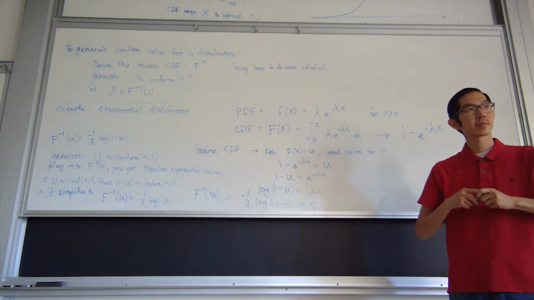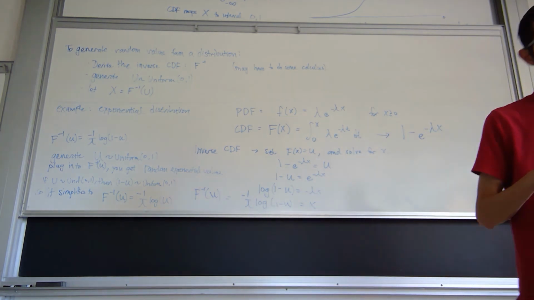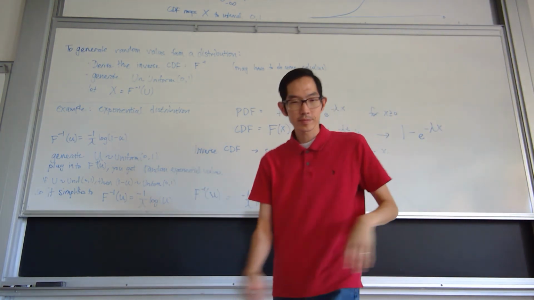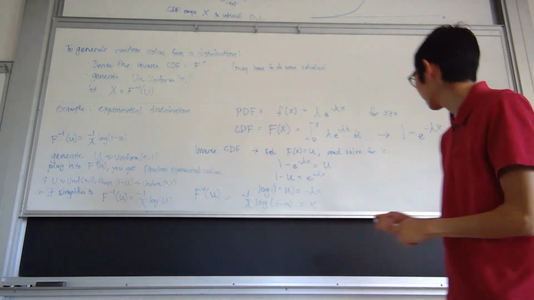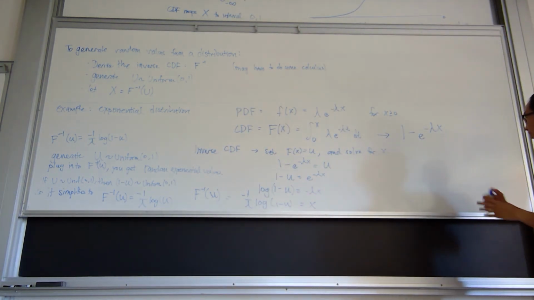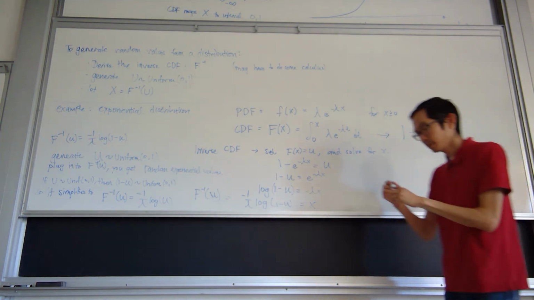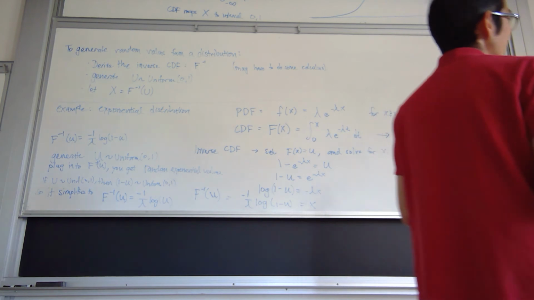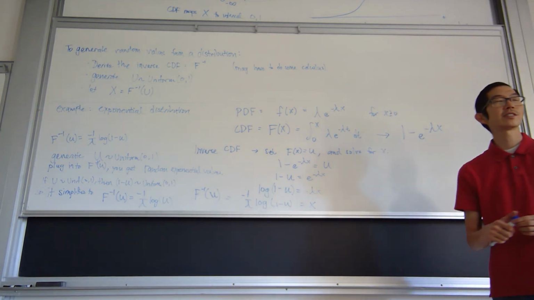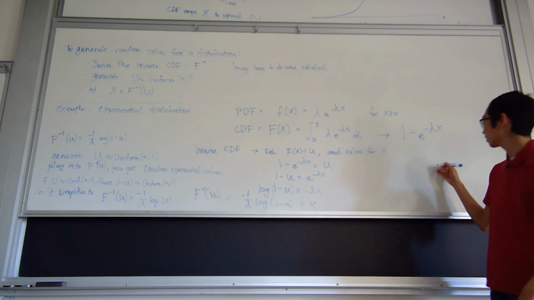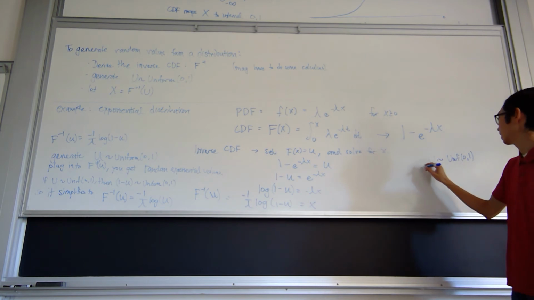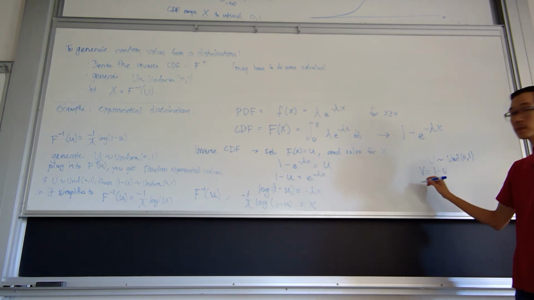Yes? Can you explain the 1 minus? Yeah, okay, so the idea here is, let's say U is a random variable that comes from the uniform distribution 0, 1, okay? And let's say we have another variable called V, and V is just equal to 1 minus U. Okay, so if U comes from uniform 0 to 1, and V is equal to 1 minus U, what is the distribution of V?